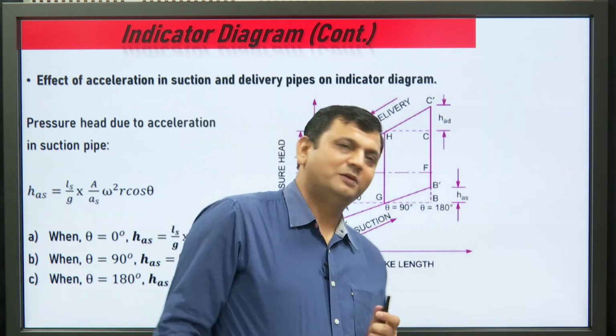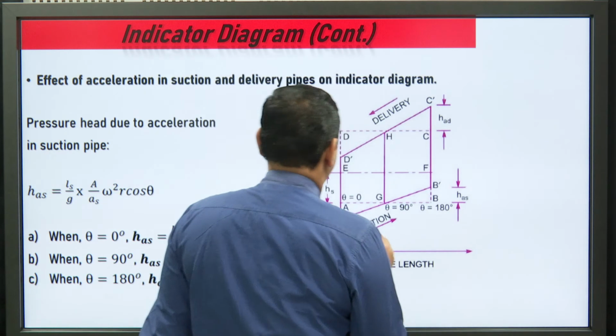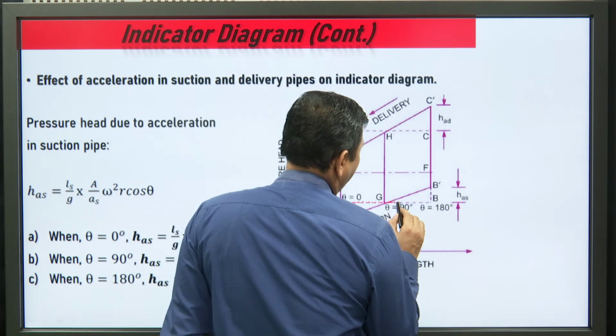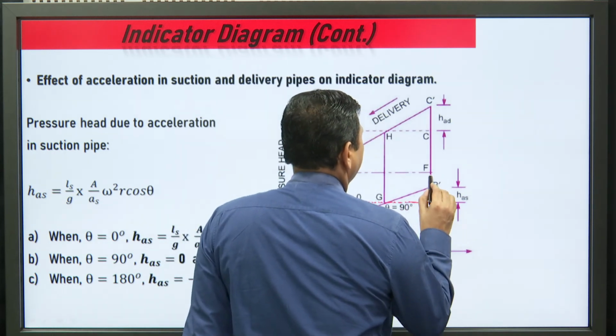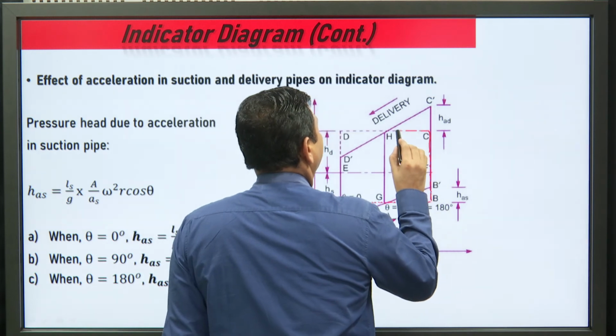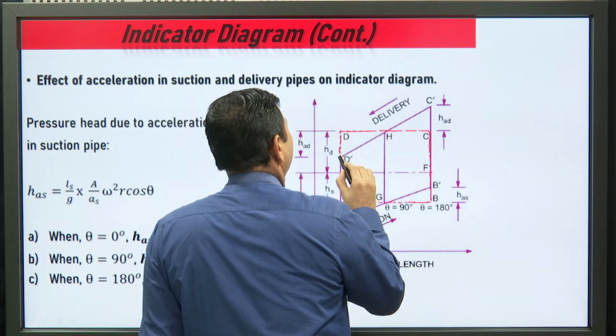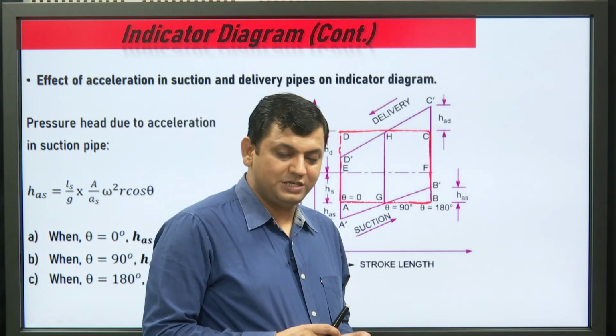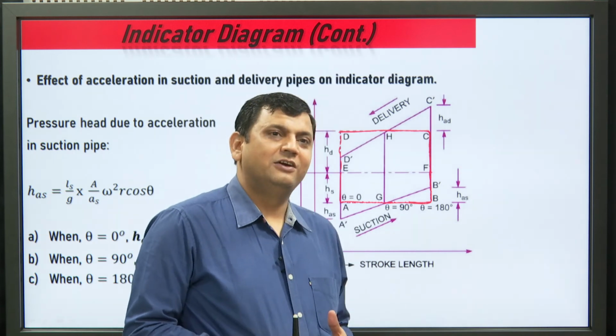Just see the ideal: I am drawing the points A, B, C, D. This diagram is the ideal indicator diagram. Now I want to see what the effect is.